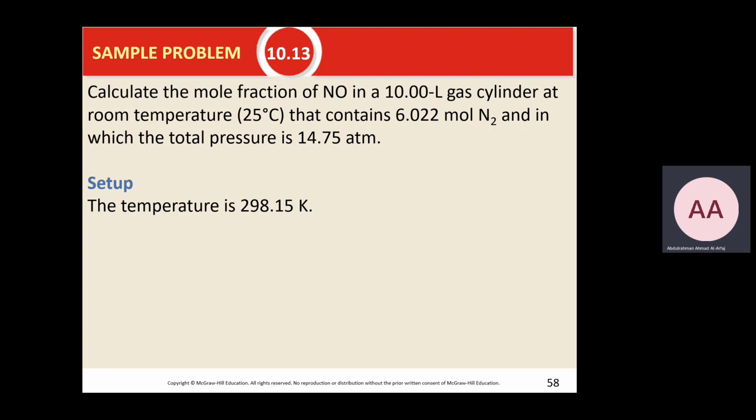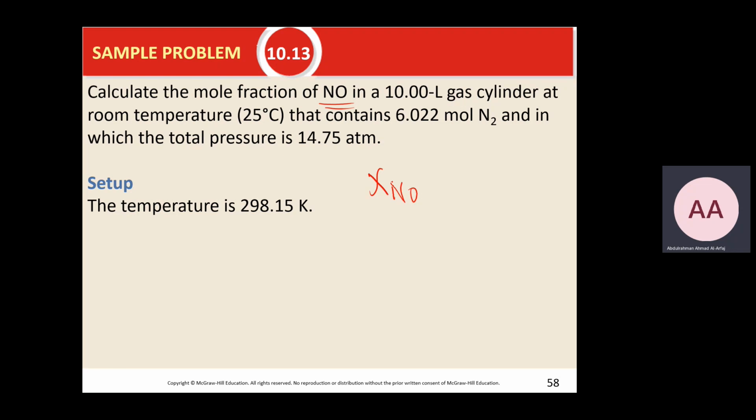Calculate the mole fraction. We want to calculate here Xi of NO, or X_NO, for a gas mixture at room temperature that contains 6.022 mole N2 and in which the total pressure is 14.75 atmosphere.